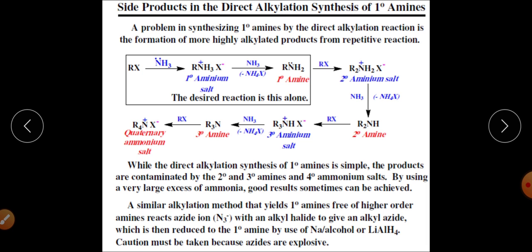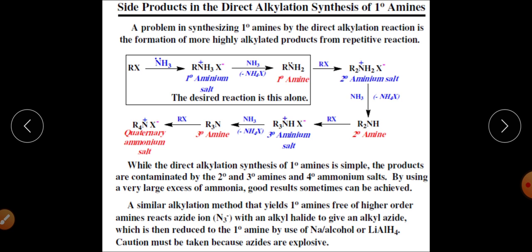If we want to remove this particular limitation of the reaction, then we can use the azide ion. This is a reaction by which we can obtain our primary amine in better yield. In the next slide I will discuss this particular reaction.